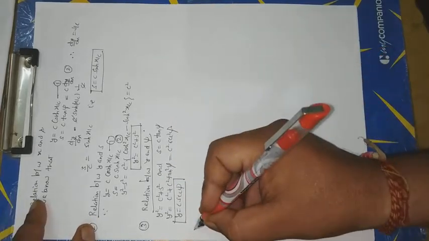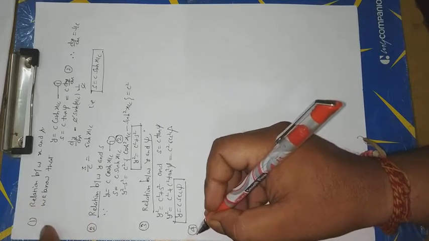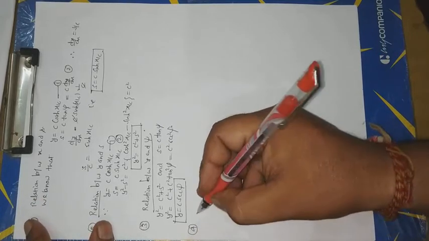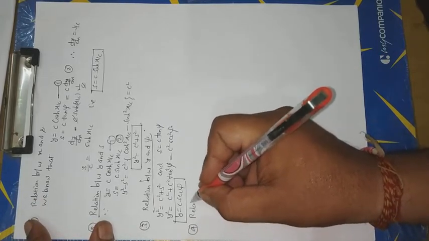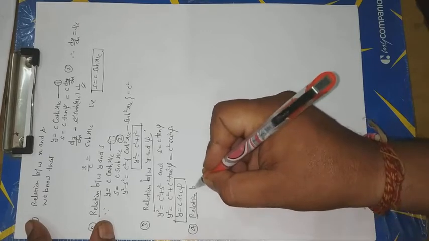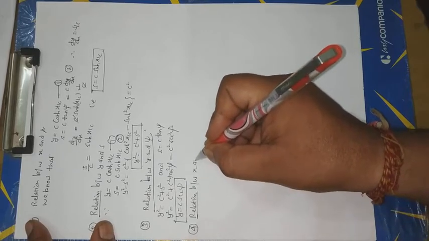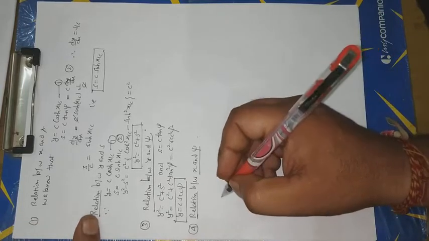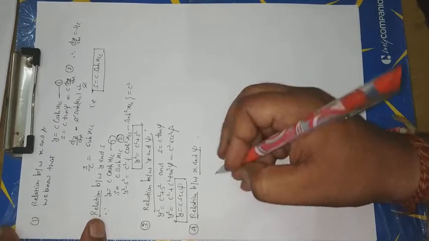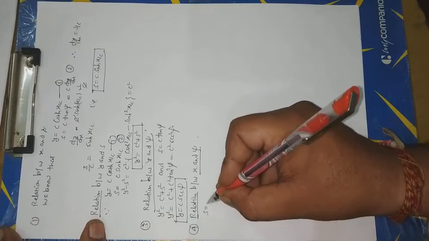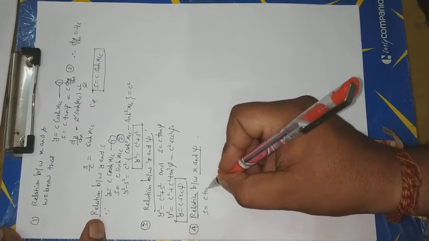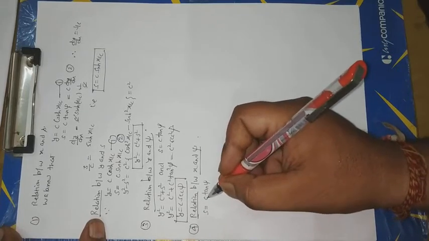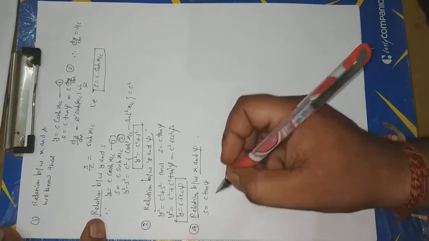Now the fourth relation, between s and psi. Since s is equal to c tan psi, this is the intrinsic form of the common catenary.